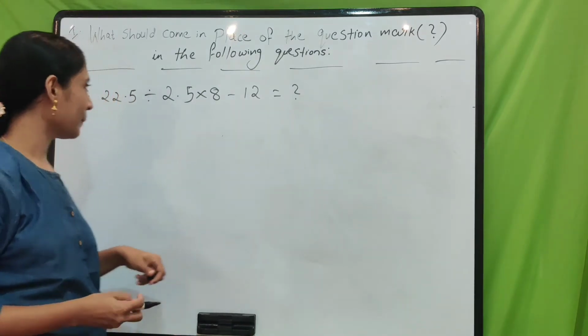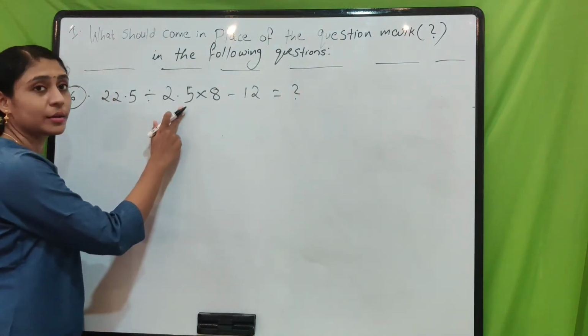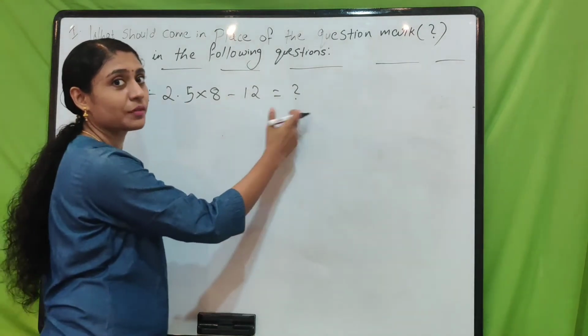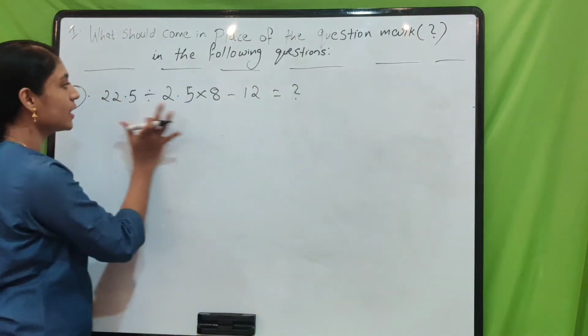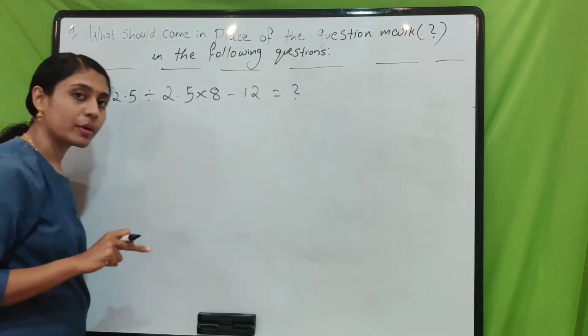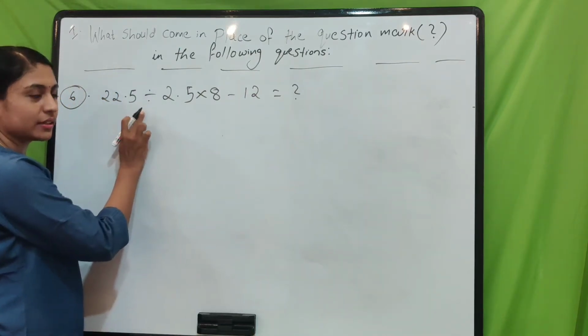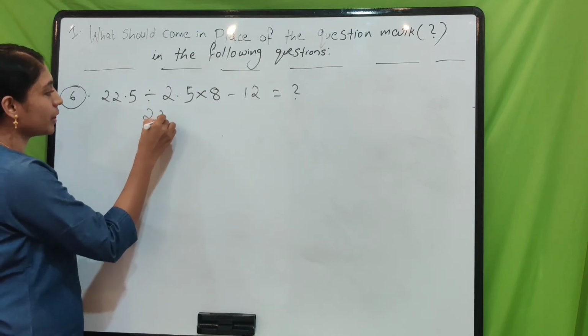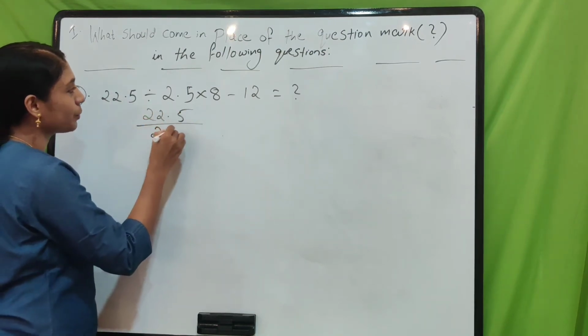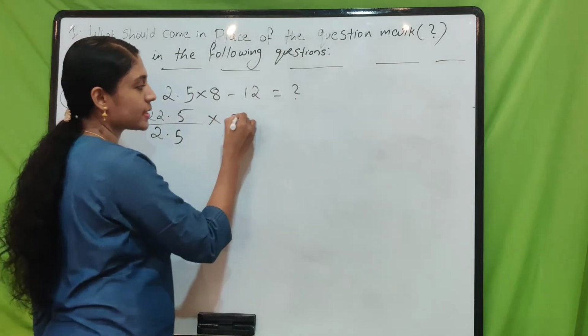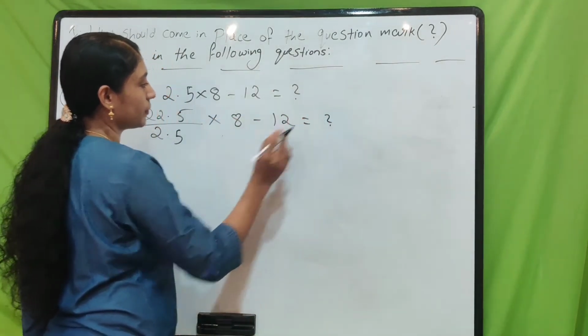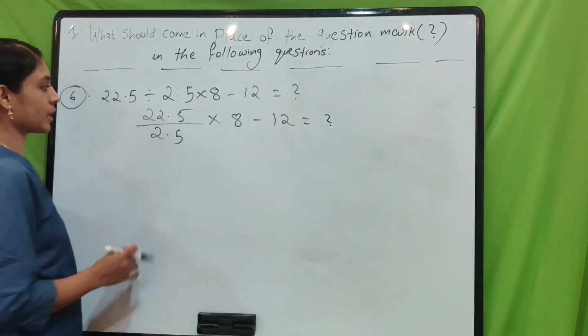Do it faster, okay? So 22.5 divided by 2.5 into 8 minus 12 equal to question mark. This is a very simple question. And here, according to the BODMAS rule, you do division first, then only multiplication, right? So divide these two numbers. So it becomes 22.5 divided by 2.5, then into 8 minus 12 equal to question mark. After division, you do addition and subtraction, okay?